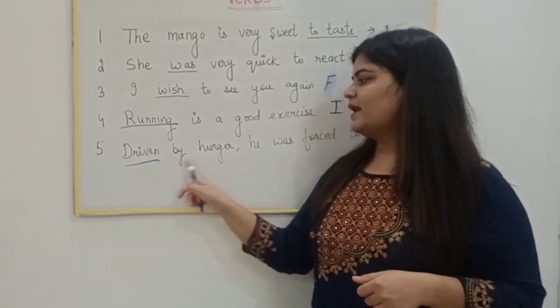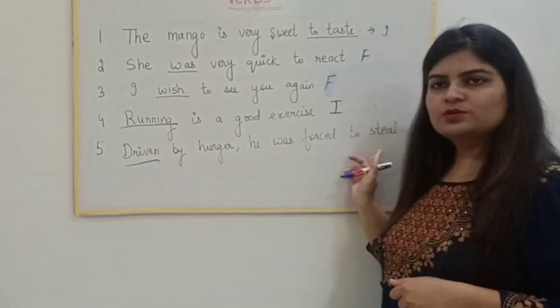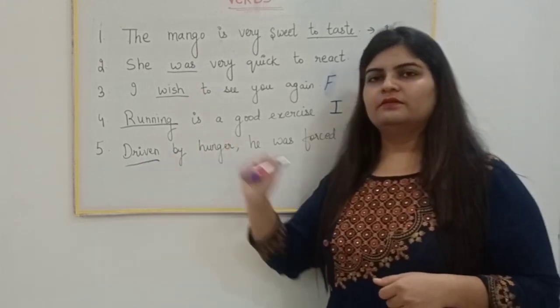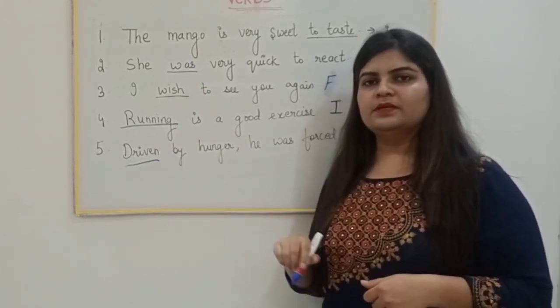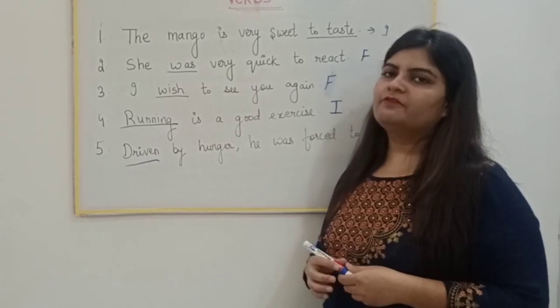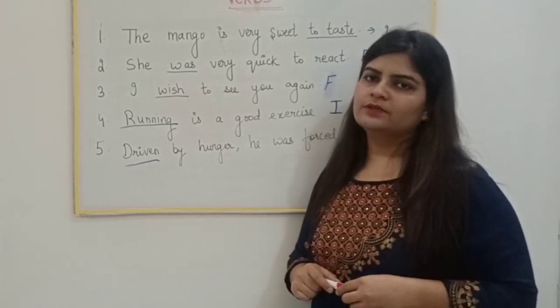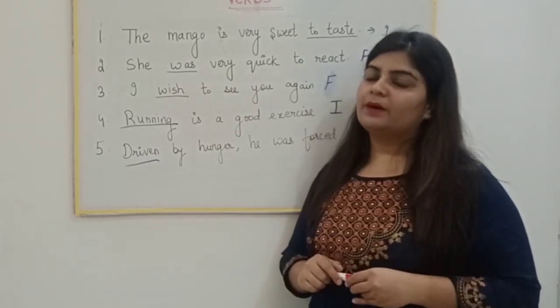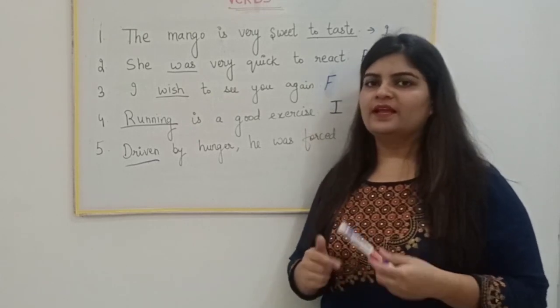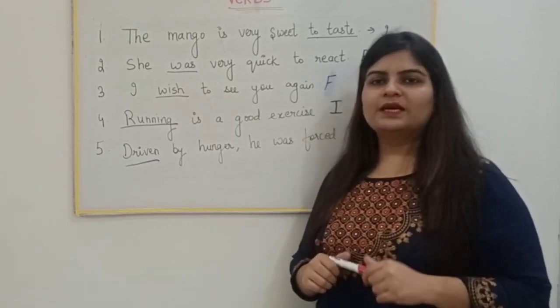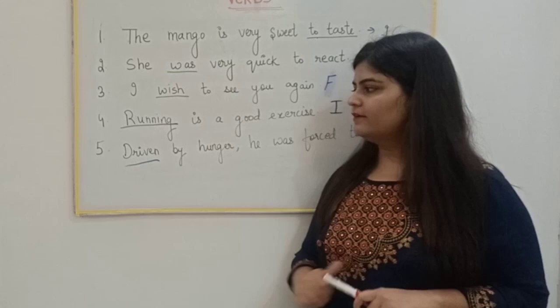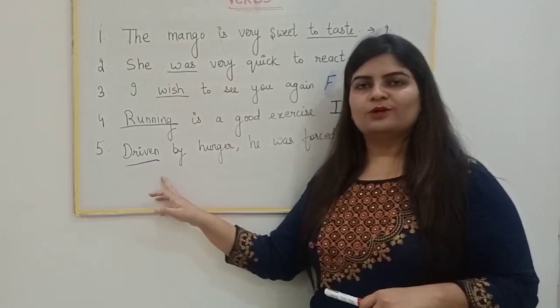Similarly, driven by hunger, he was forced to steal. Now what is driven? The past participle. But now you can ask that we have done the ed form of the verb. But we have also done the regular and irregular verbs. So the past participle of irregular verbs have en ending also.